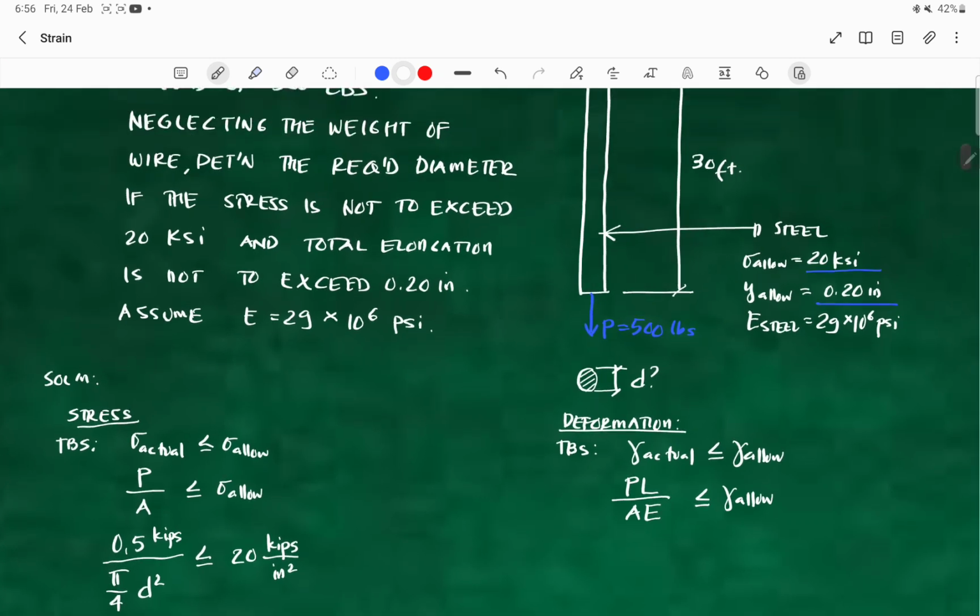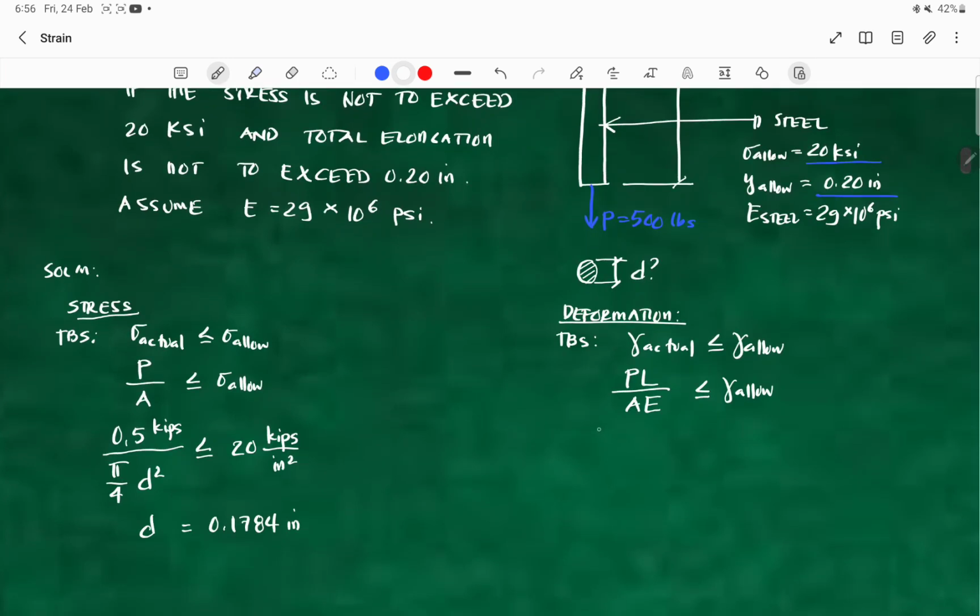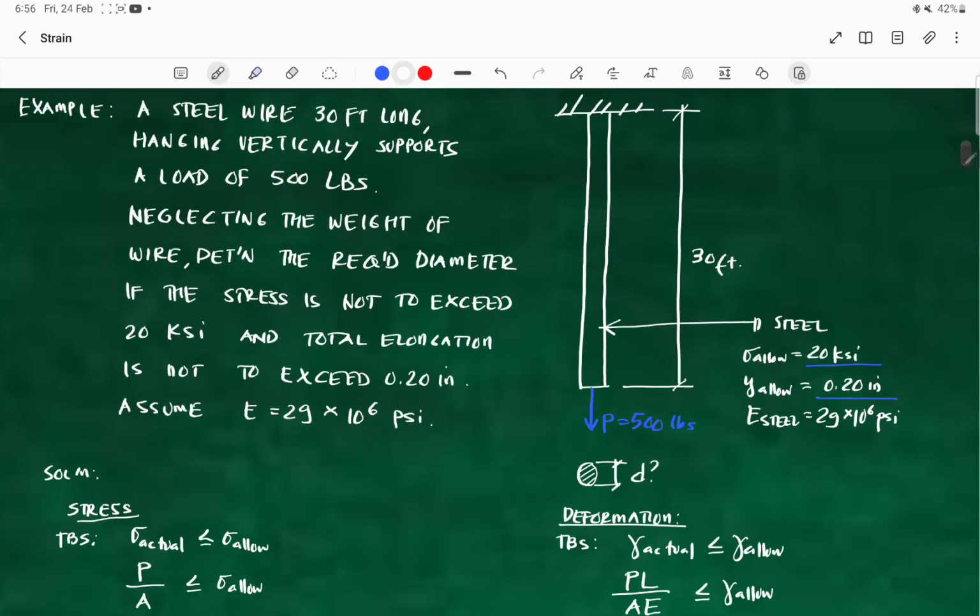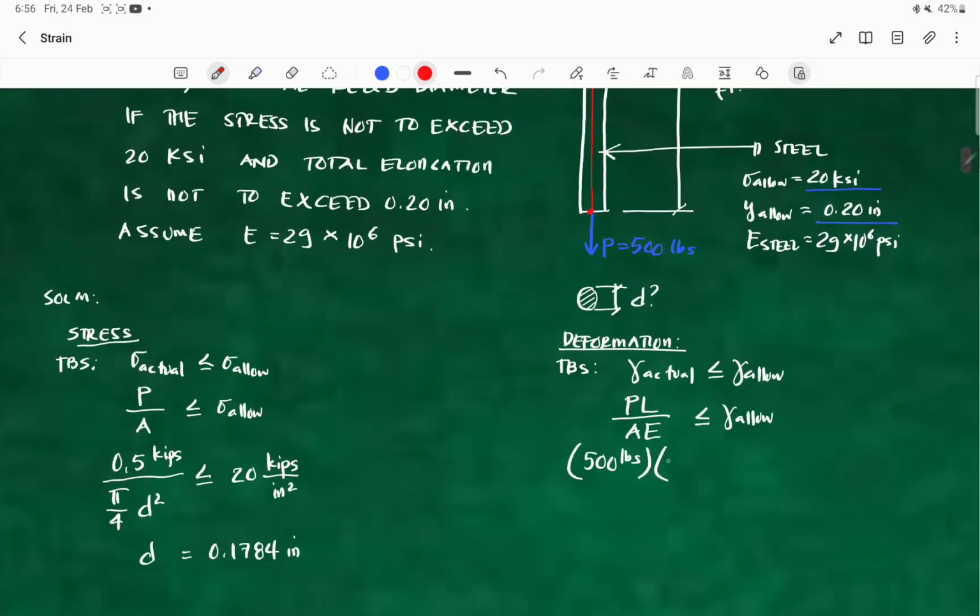Walang weight, no? Kasi sabi niya, neglect lang. So, this is 500 pounds. And then we have this length na ito yung point of application natin dito sa tip. So, yung L na gagamitin is from point of application down patungo dun sa far end ng material mo, which is 30 feet.